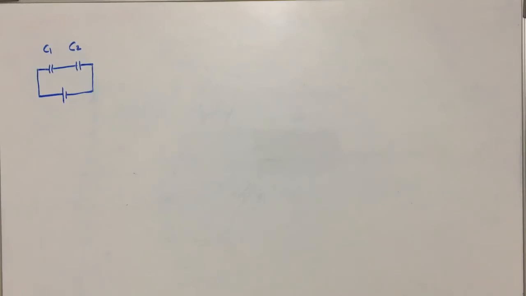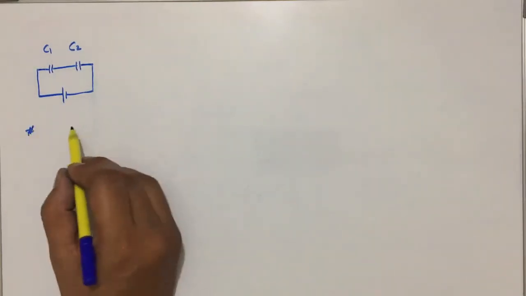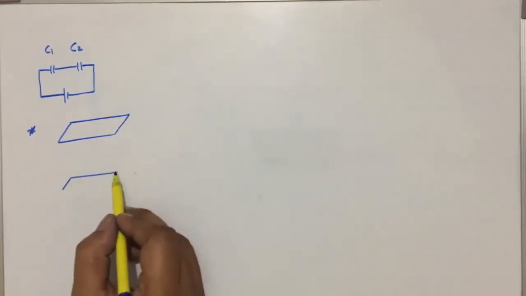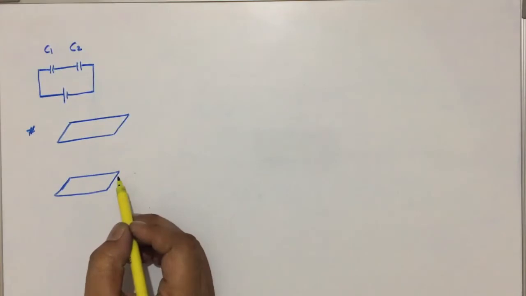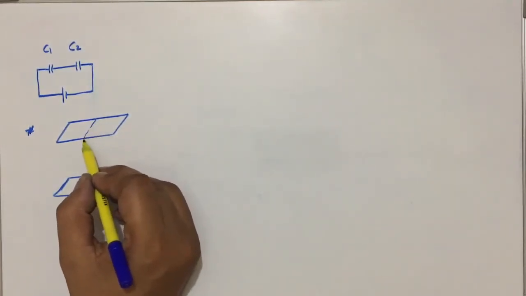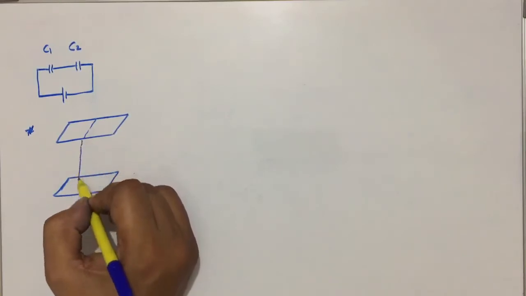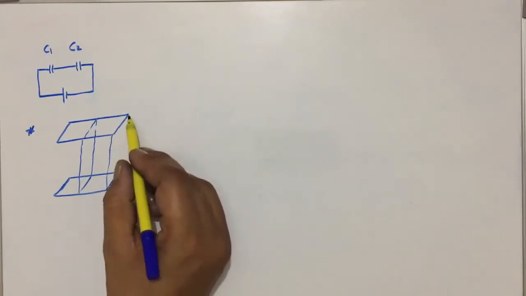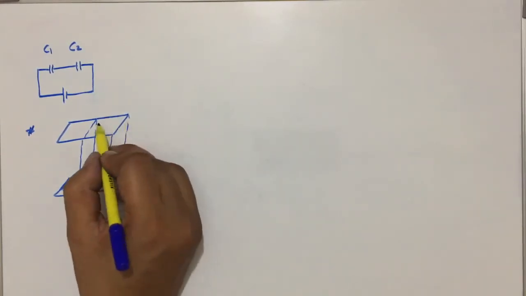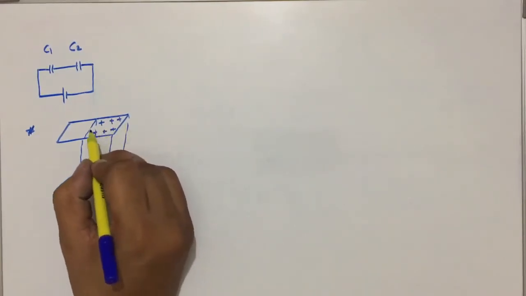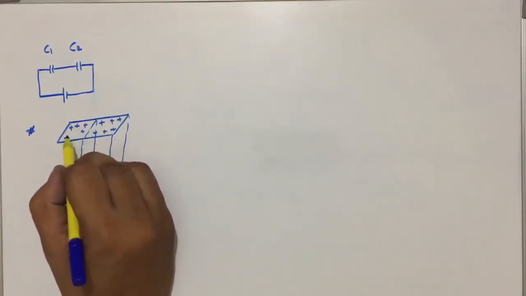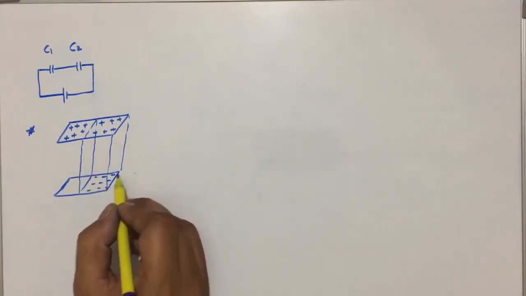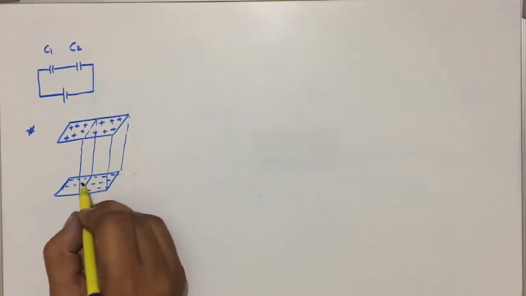Now consider another case. If we have a parallel plate capacitor, as we have studied in the beginning, and part of it is positively charged, part of it is negatively charged, forming the capacitor separated by a distance d.